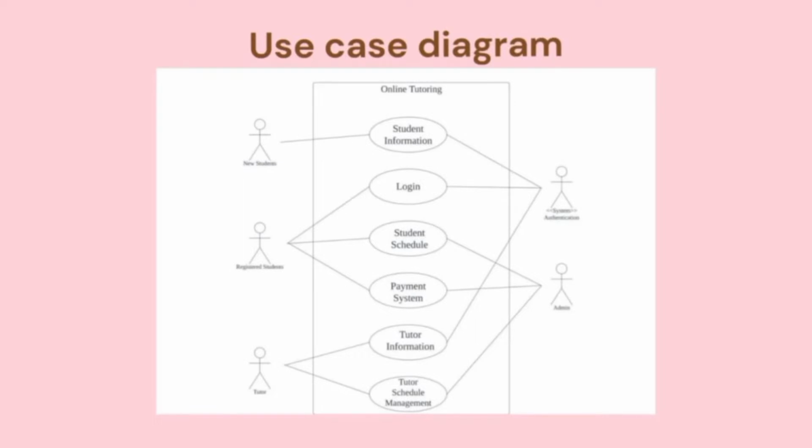Next, I will continue with our use case diagram. This use case diagram shows how our online tutoring system works. As you can see, there are 5 actors represented in our use case diagram, which are new students, registered students, tutors, system authentication, and the administrator. The new student may sign up and fill up their student information.